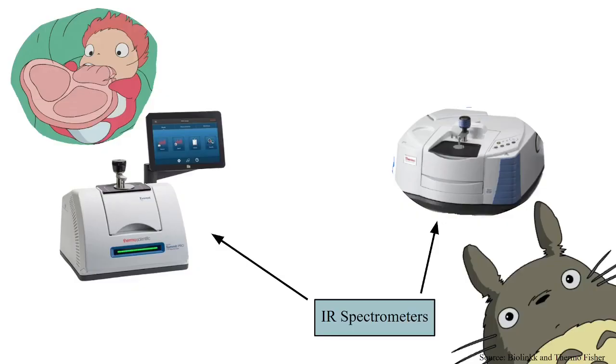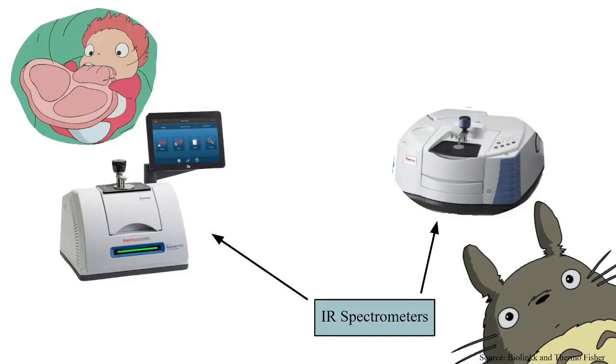So in the lab, like I said before, we're going to use a piece of equipment called an FT-IR spectrometer to help us determine the functional groups within our synthesized MOF199. Right in front of us are the two IR spectrometers that you'll be using to analyze the compound.